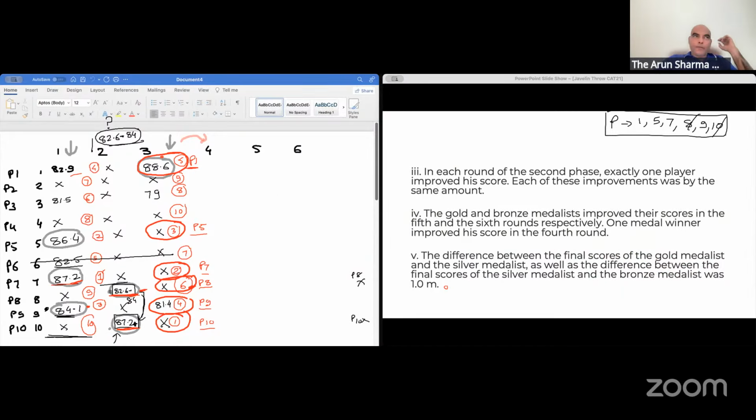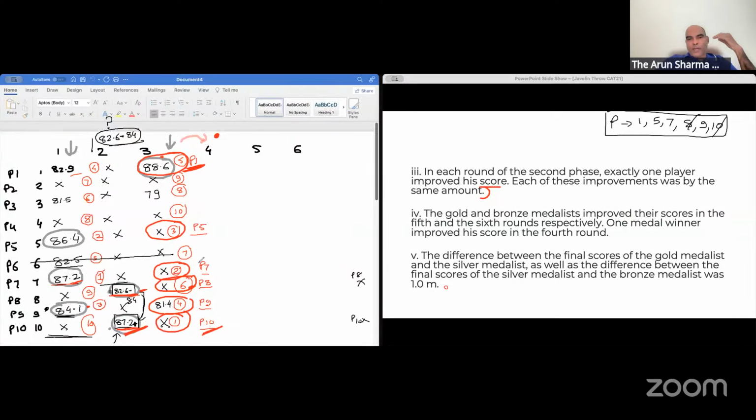They're saying that in each round in the second phase, exactly one player improved the score. Each of these improvements was by the same amount. That means in the fourth round, the last thrower, according to the current scenario, could be either P1 or P10, depending on P10's value, right?